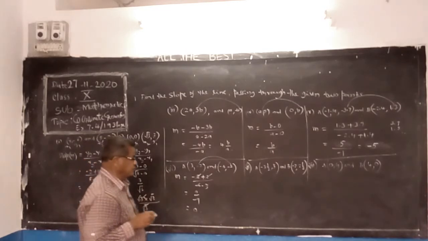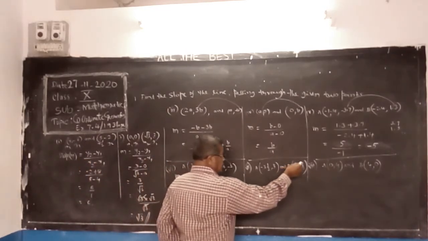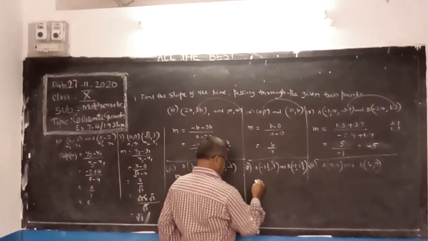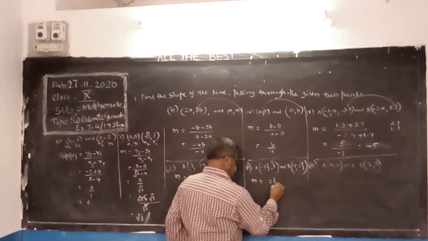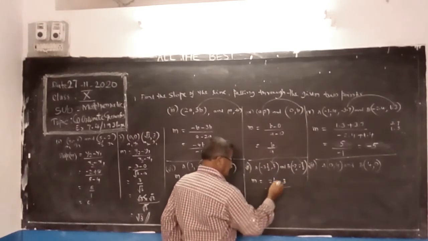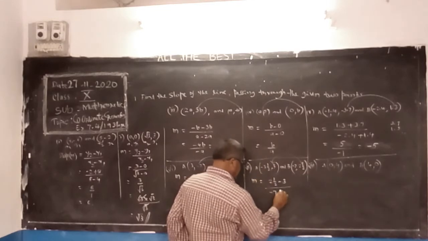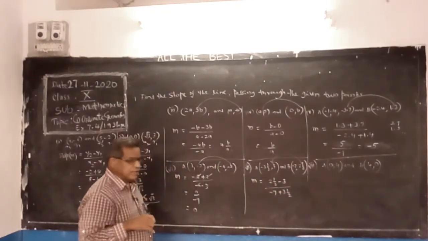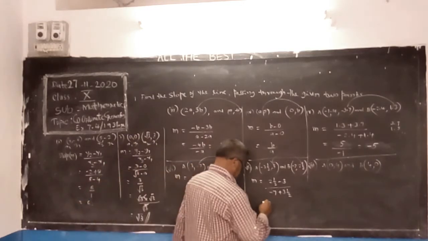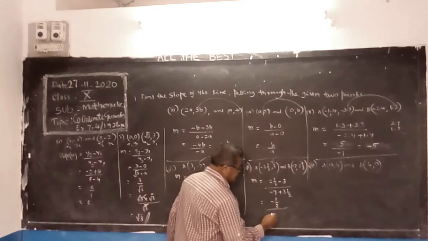Sixth question. And seventh question, m is equal to y2 minus y1, 2.5 minus 3 by minus 7, and plus minus becomes plus. 3 minus 2.5 is half, so minus half by minus 3.5.